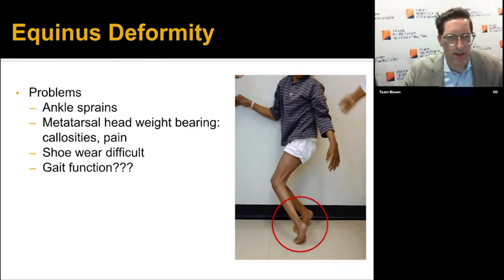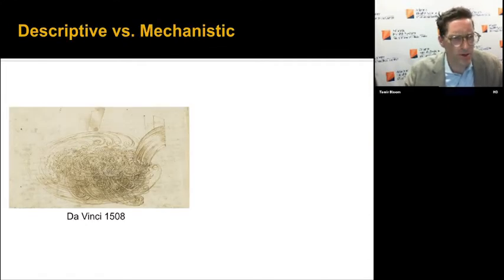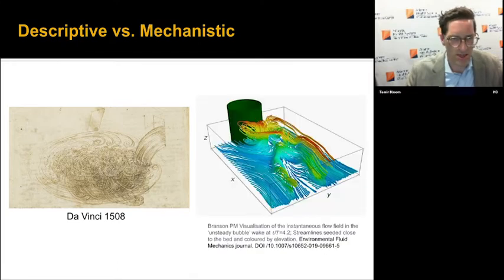And so I can have this child walk in my office, and I can take pictures on my phone, or I can take a video and make some observations. And this would give me a really good descriptive assessment of their gait. And this is kind of similar to what Leonardo da Vinci did with watching currents of water in a river back in the 1500s, and he was able to glean some very important insights. But now we have much more powerful technology.